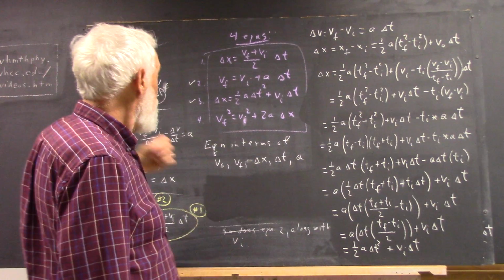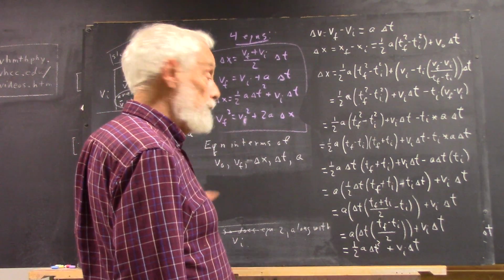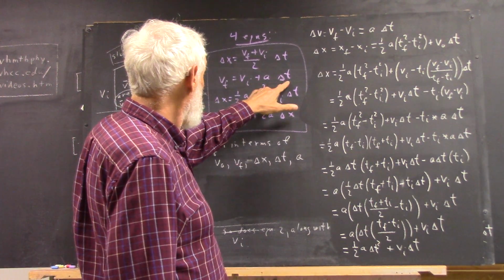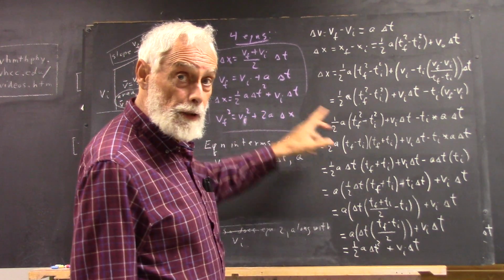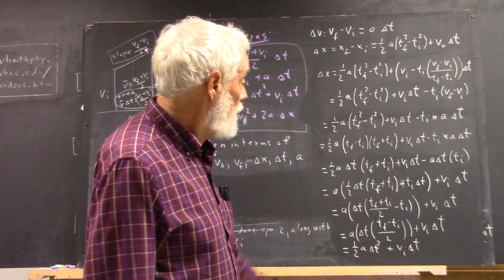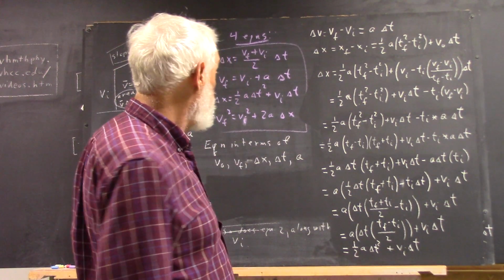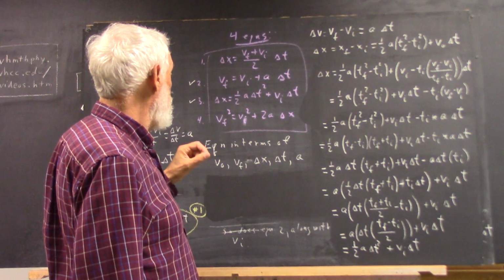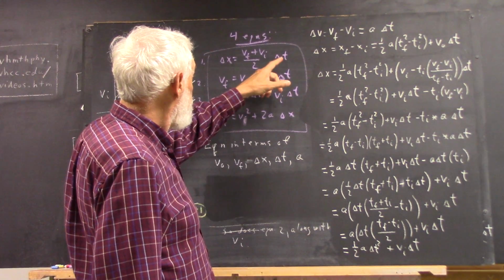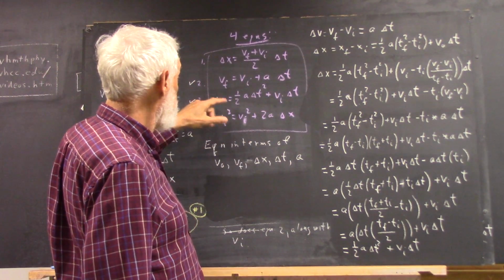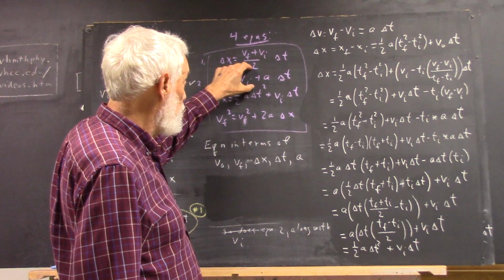Now, if we eliminate delta t between the 2 equations, we solve this one for delta t, plug in for the delta t here, and do some rearrangement. And that takes a little bit of algebra, kind of similar to some of the steps we did here. But if we do that, we end up with this equation. And if we eliminate vf, which is easy, you have this expression for vf.